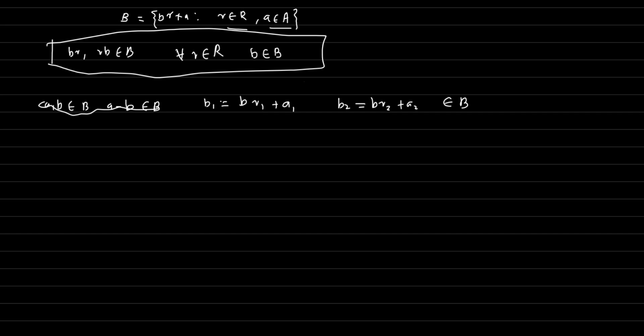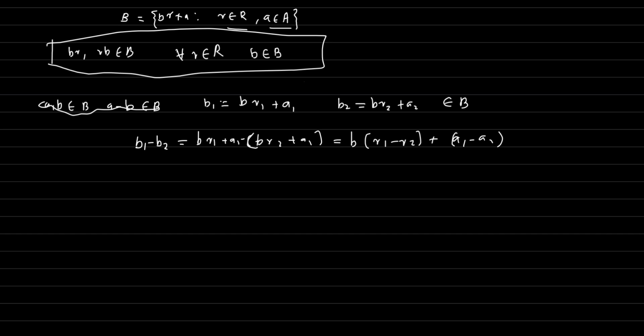Now consider b1 minus b2, which is equal to br1 plus a1 minus br2 plus a2, and this is equal to b times r1 minus r2 plus a1 minus a2.